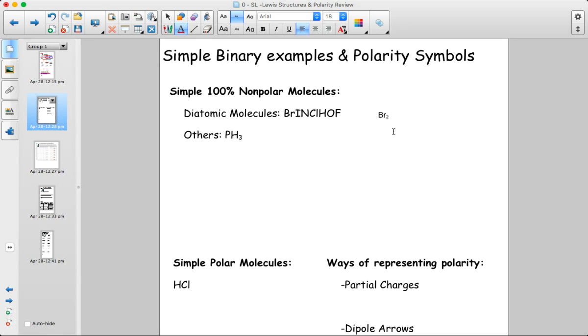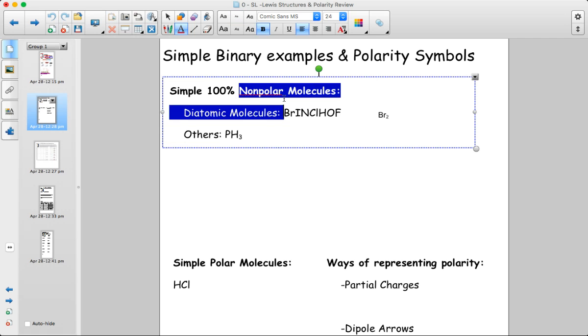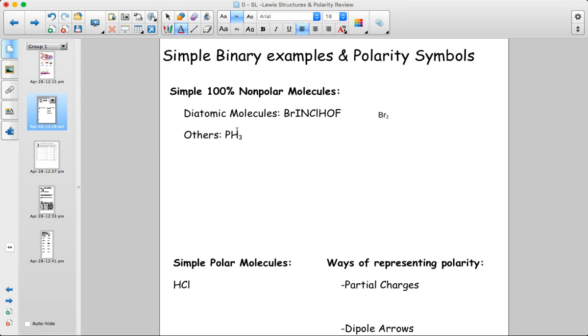The charge is going to be distributed evenly around the entire molecule, and so it has absolutely no permanent partial charges in the molecule. So diatomics are probably the simplest ones to identify. They are all completely nonpolar, because when something bonds to itself, there's no uneven distribution of charge.